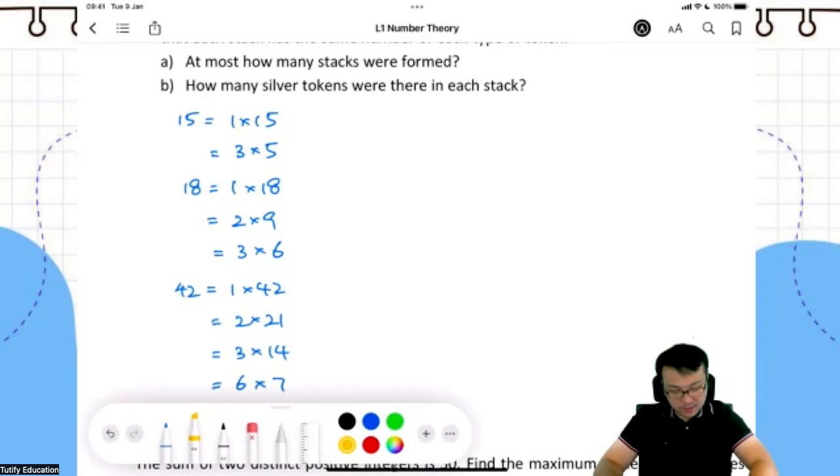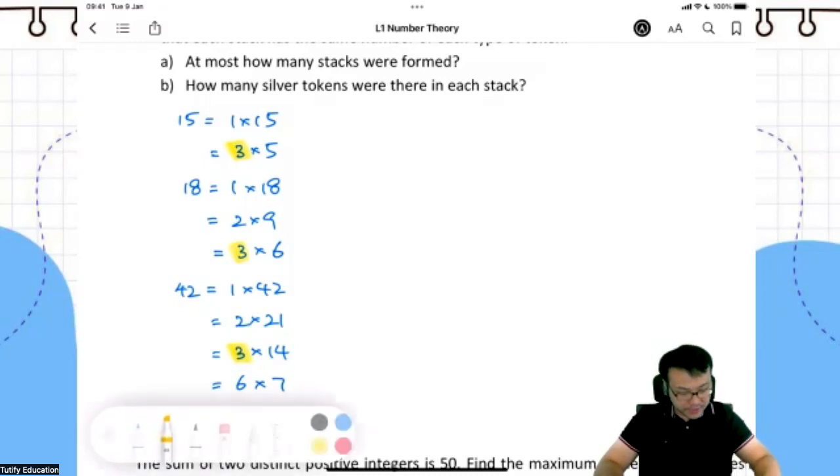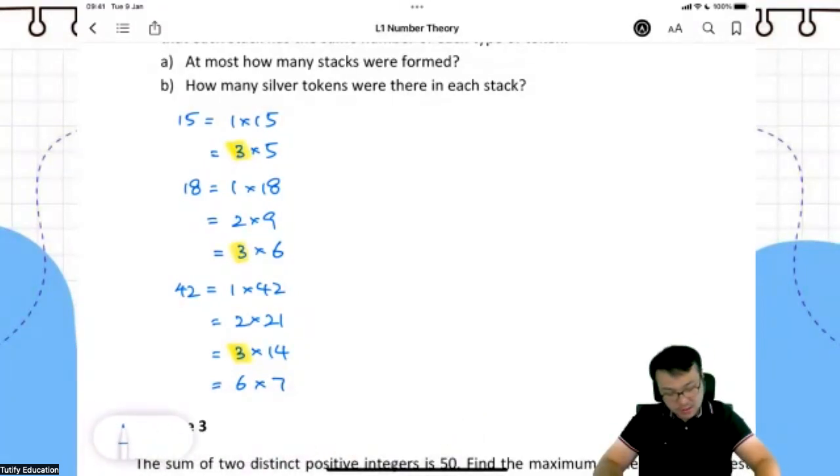Yes, you are totally correct. The highest number that appears for all of them is 3. So what I'm going to say is the highest common factor between 15, 18, and 42 equals 3.